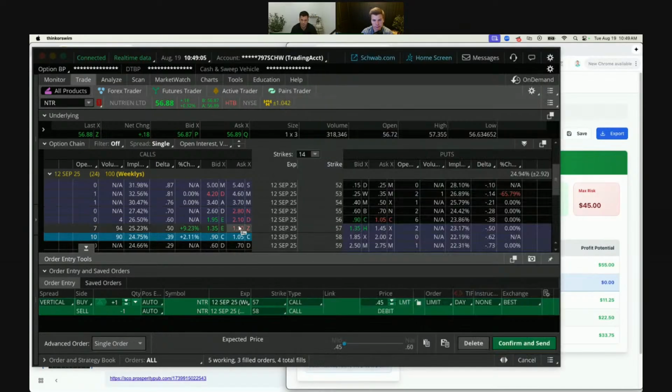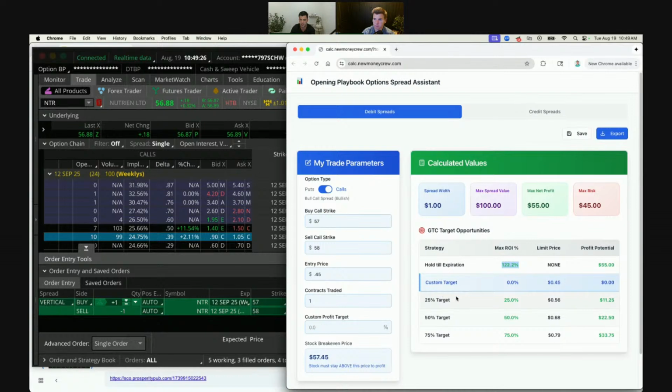Again, with the basic calls, if it goes to 58 by expiration, it's $2 plus our strike price 56. So if it goes to 58, which is where we need it, we make 122%. Guess how much call buyers make? Again, $0. You break even if you're right with calls. We make 122%.